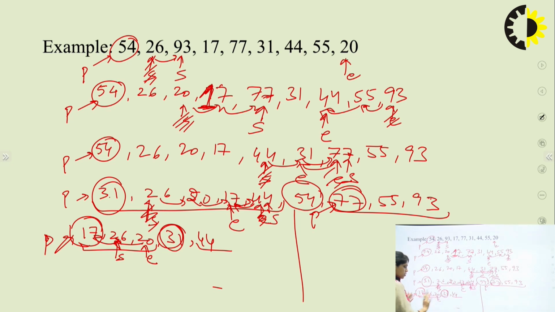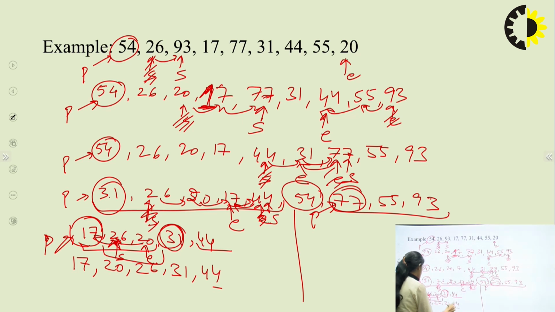So it means pivot will be swapped with E, it will remain here. Now, this part is the problem. This is pivot, this is start and end both. Start is this, end is this, so they will be swapped with each other. So here it is going to be like this: 17, 20, 26, 31 and 41.